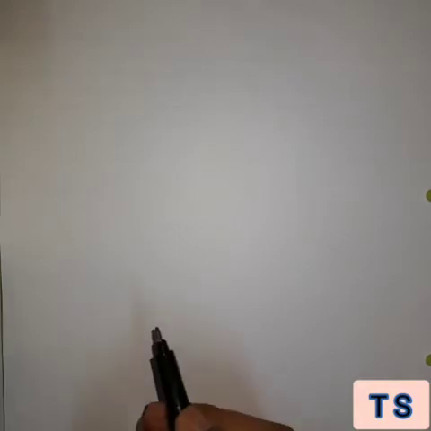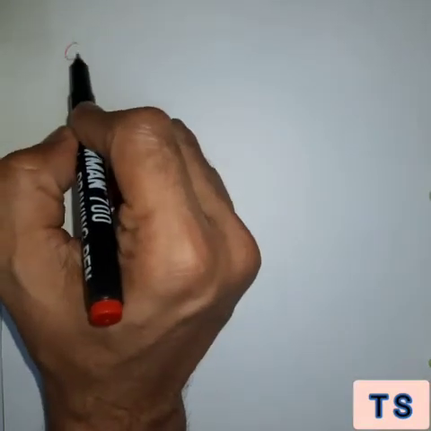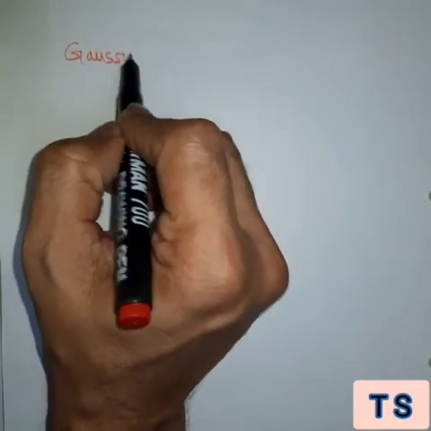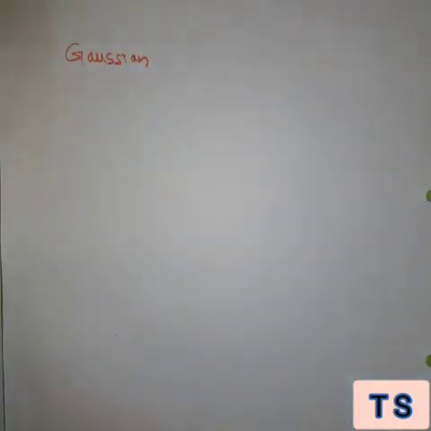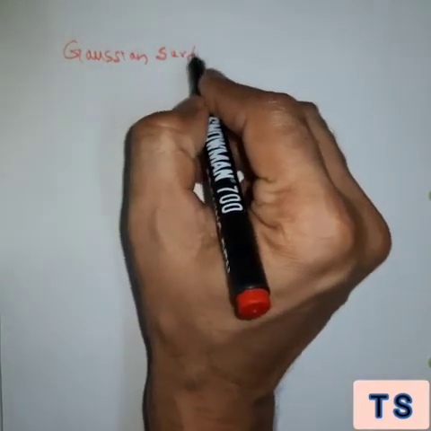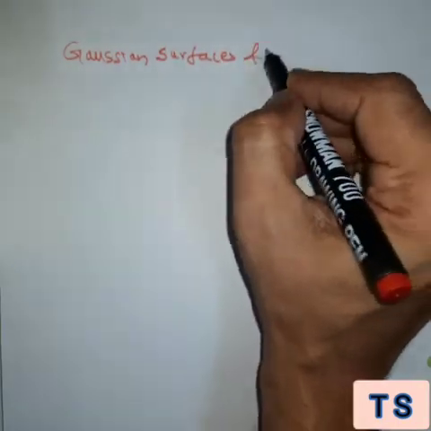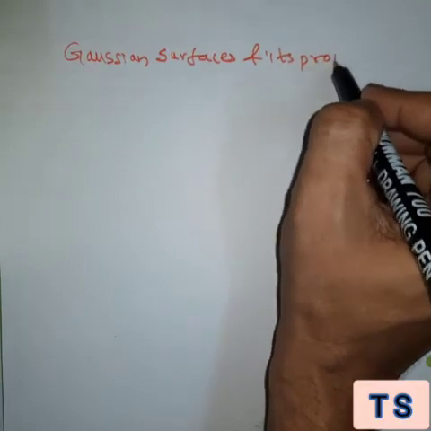So let's go ahead. After knowing what Gauss theorem is and how we deduce its equation, what is important now is what a Gaussian surface is, what different types of Gaussian surface you can take, and what their properties are. I'll tell you in short what Gaussian surfaces we can take, and its properties.